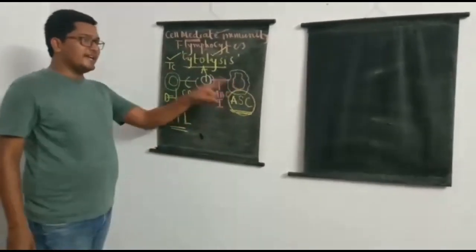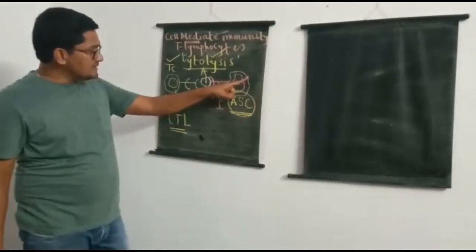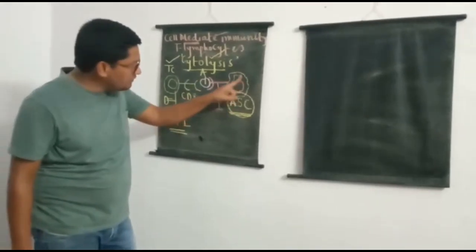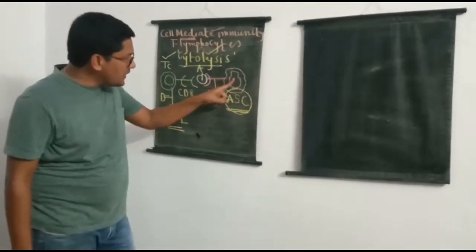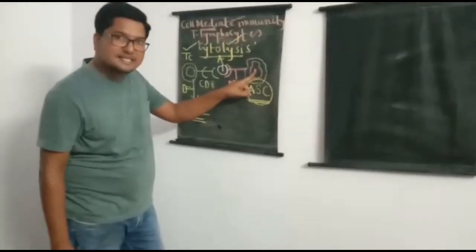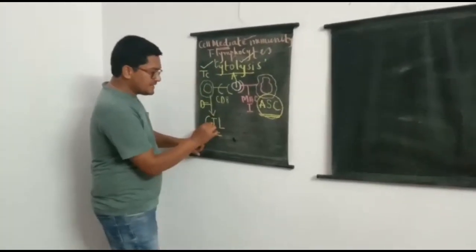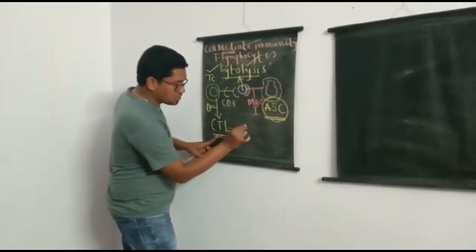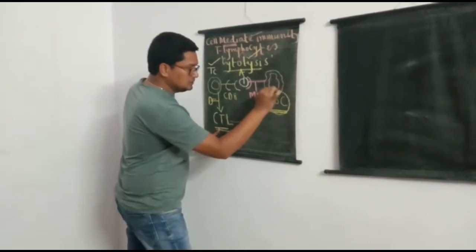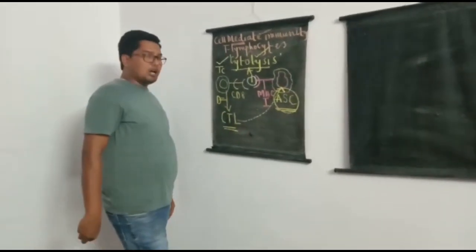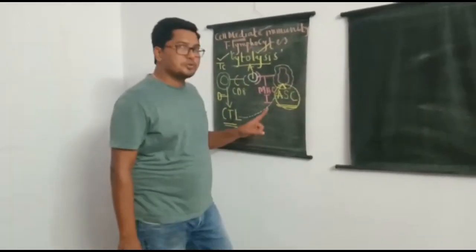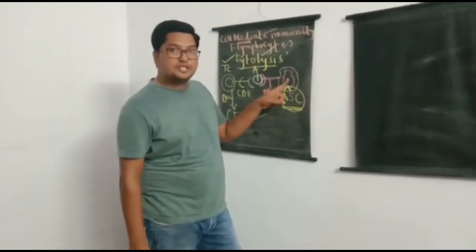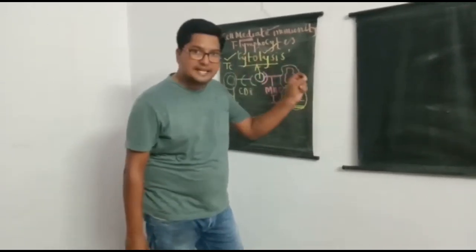So now in the diagram you can see this cell is, for example, already infected with virus. Now this virus is getting multiplied inside these cells. Now this CTL cell will approach the viral infected cell. On approaching the viral infected cell, what should happen? Tell me. It should be destroyed or lysed.